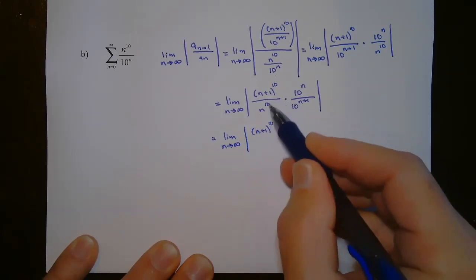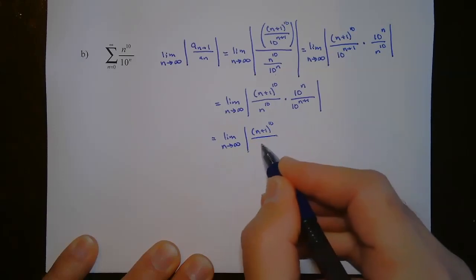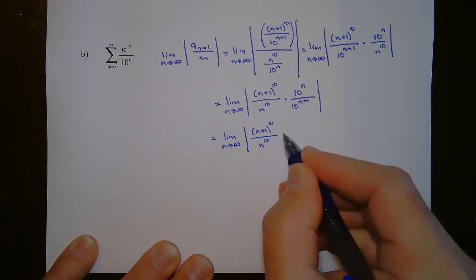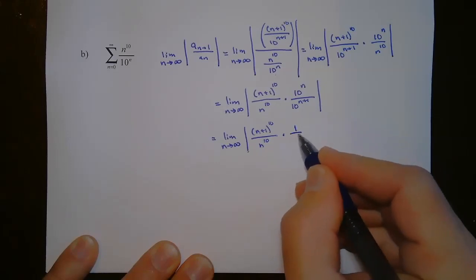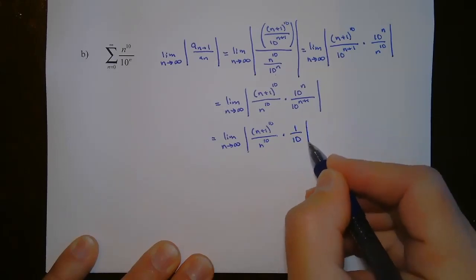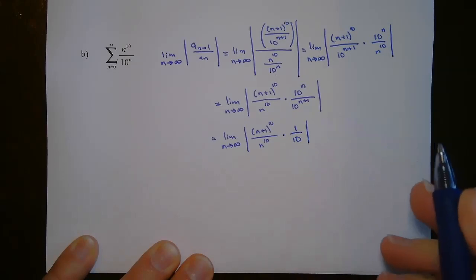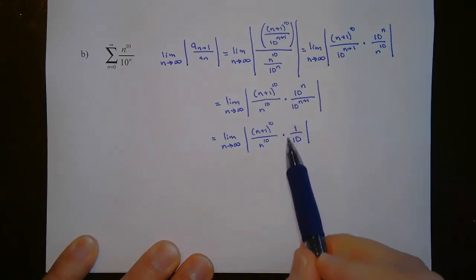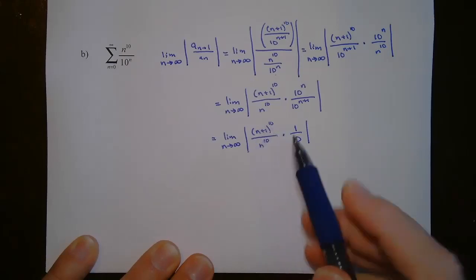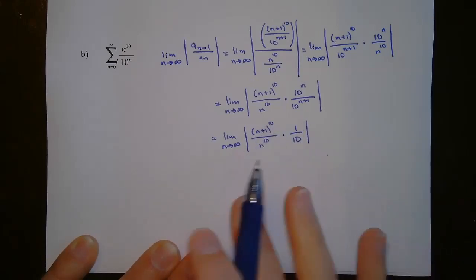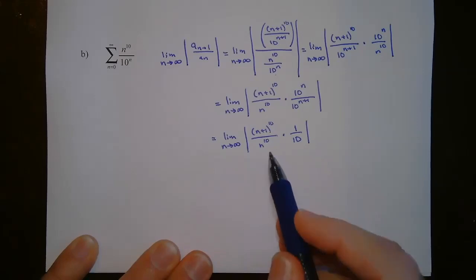Nothing we can really do to simplify this one, over n to the 10th times, and this becomes 10 to the negative 1, or 1 over 10. Now this one's not going to need the absolute value anymore, and really neither is this one. So we can take the limit of everything together at the same time.